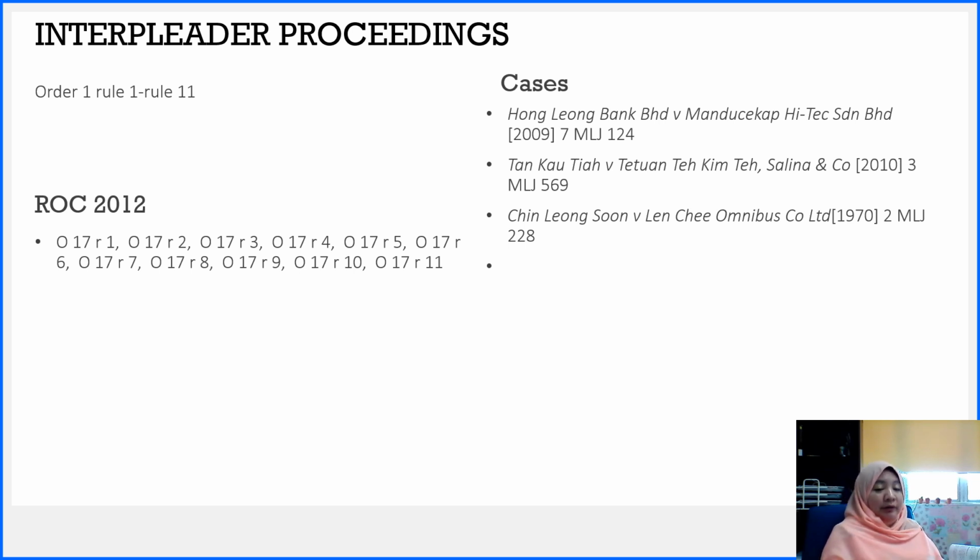Have a copy of it or you can download it on the internet, or actually I've downloaded it for you in your Rules of Court. I hope it's there. Order 17 is on interpleader proceedings. It covers from Rule 1 up to Rule 11.